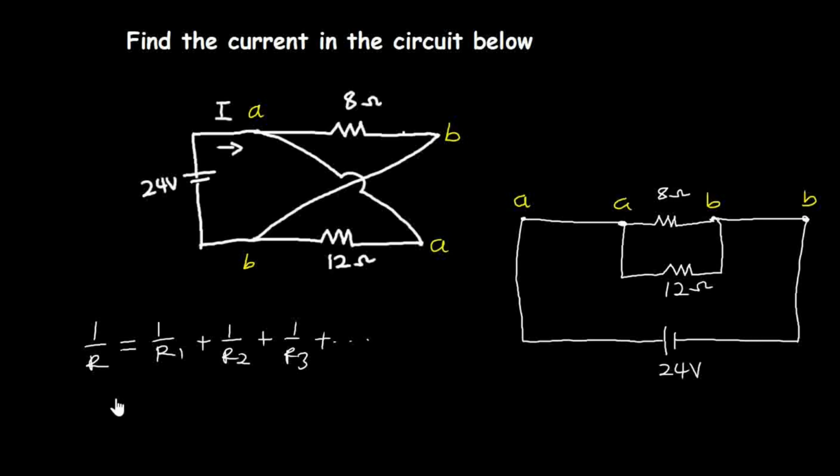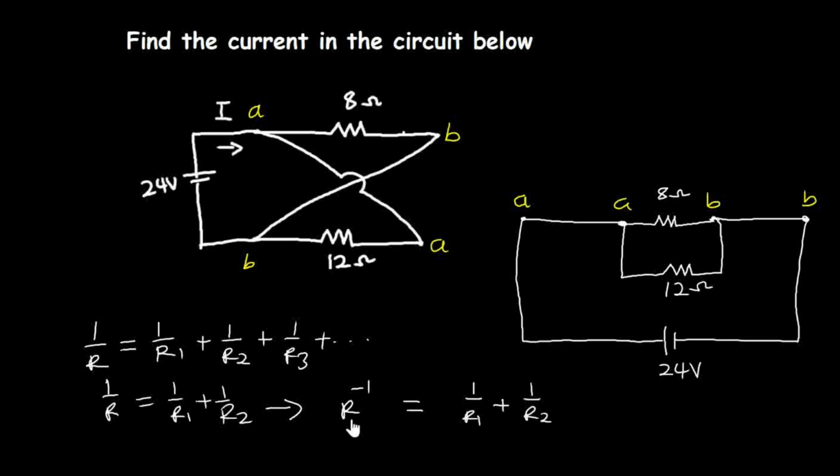But when you have two resistors, 1 over R will be equal to 1 over R1 plus 1 over R2. From this formula, I'm going to rewrite this 1 over R as R to the power of -1, and this will be equal to 1 over R1 plus 1 over R2.